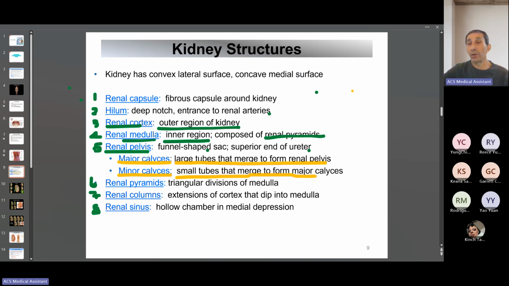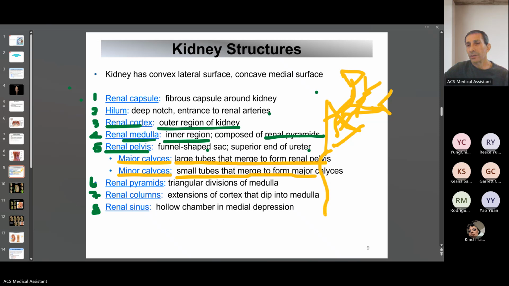We have first a little tube that drains the urine from the pyramids, then a large tube because it collects urine from all these pyramids, and then they drain into this funnel-like structure. Remember the renal pelvis, all this urine is going to be drained right here through all these calyces, and then to the ureters, to the urinary bladder, to the outside.